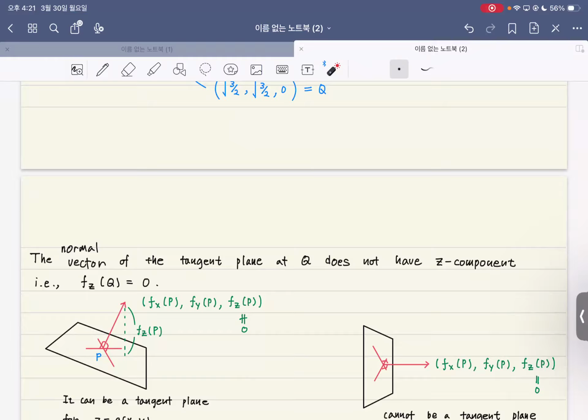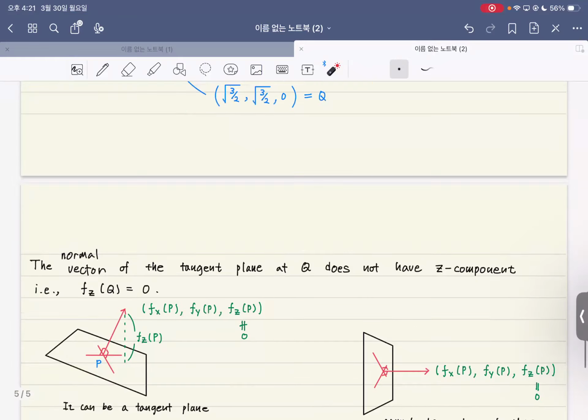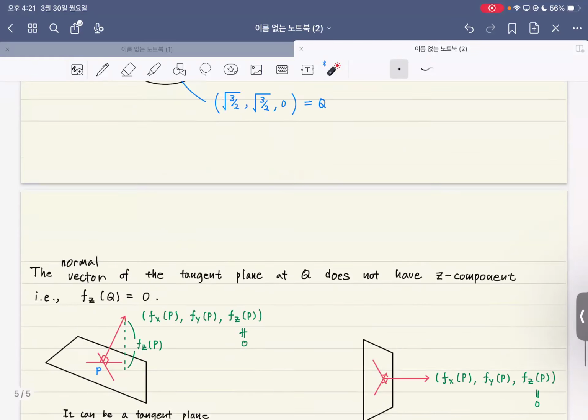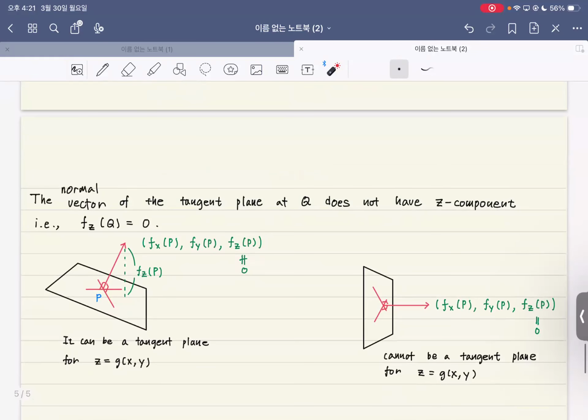But however, at the point Q, whose z coordinate equals 0, if you plug in z equals 0, then the last component of the normal vector, the normal direction, should be 0. Therefore, at that point Q, the normal direction of the tangent plane has 0 z component.